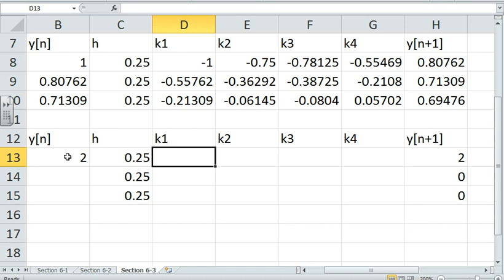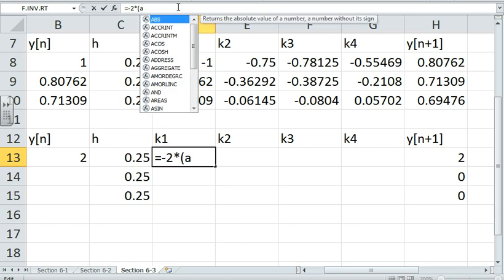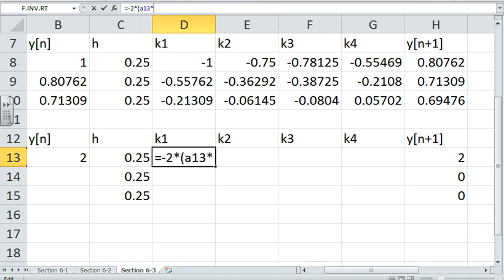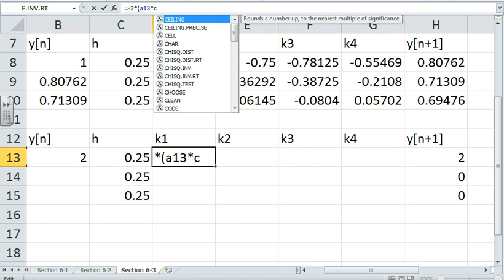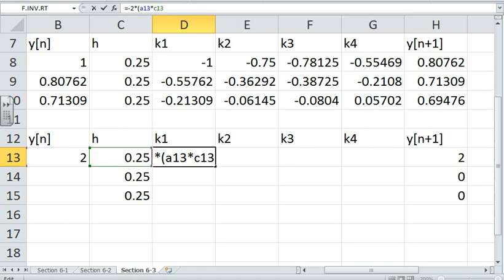Alright, so K1 is minus 2 times x, A13 times C13, times y, B13.